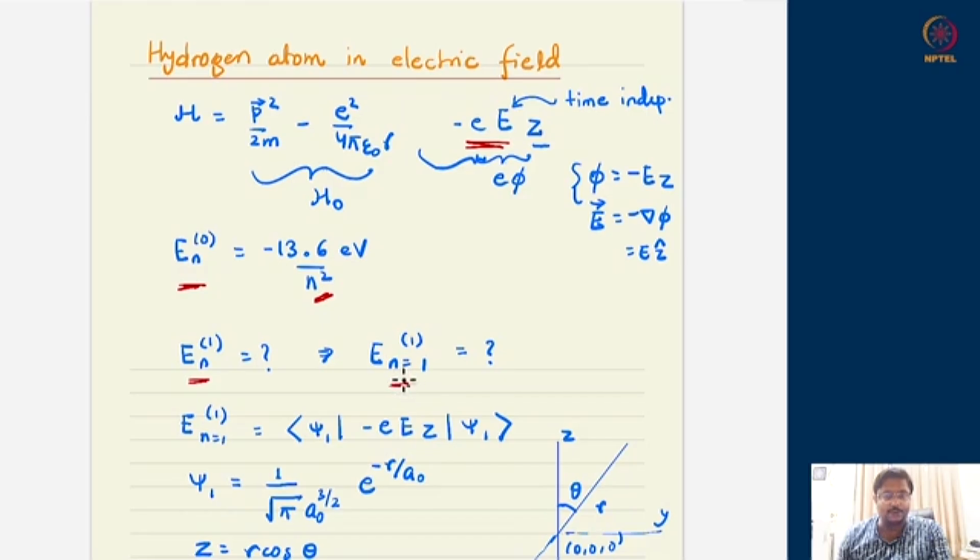That means I want to know how much change at the leading order in lambda is brought about by the perturbation of this Hamiltonian. So H1 is E times phi.